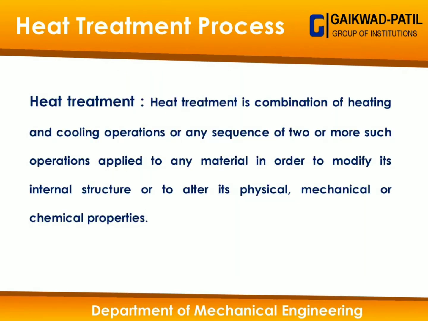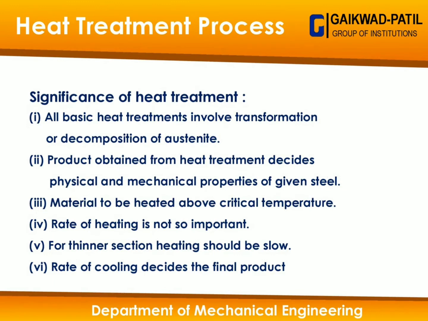Now what is the heat treatment cycle and what is its significance? Heat treatment is a combination of heating and cooling operations, or any sequence of two or more such operations, applied to any material in order to modify its internal structure or to alter its physical, mechanical or chemical properties. Right? Now, what are the significances of heat treatment?